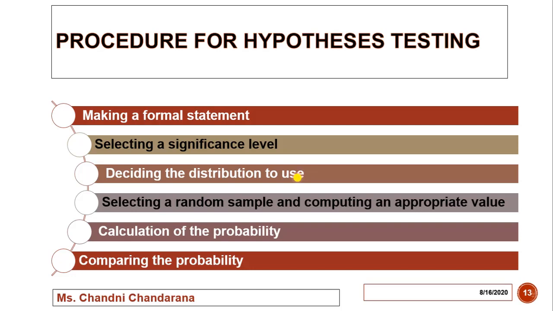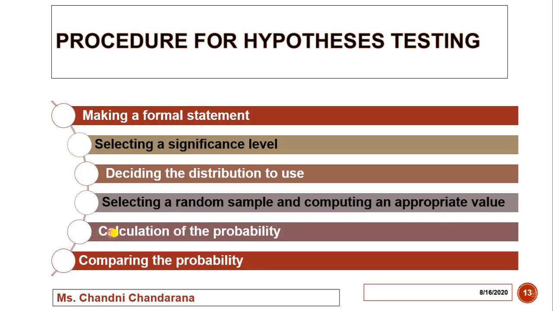It will be clear with the t-test. Now the next step: after deciding the distribution, we have to select a random sample and compute an appropriate value from the sample data.